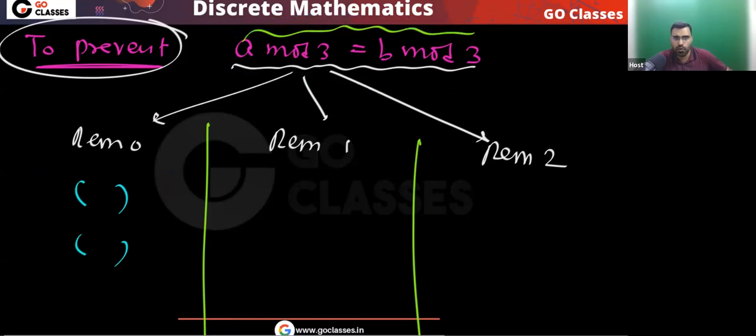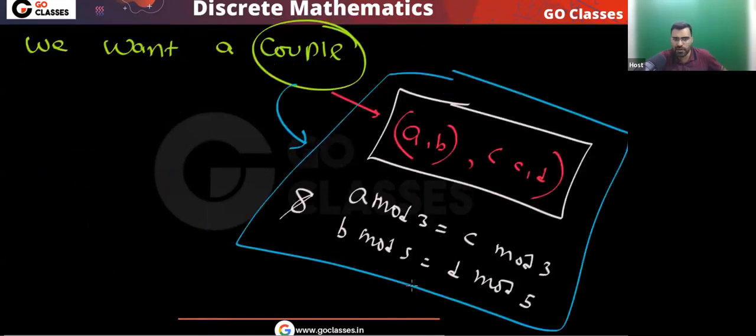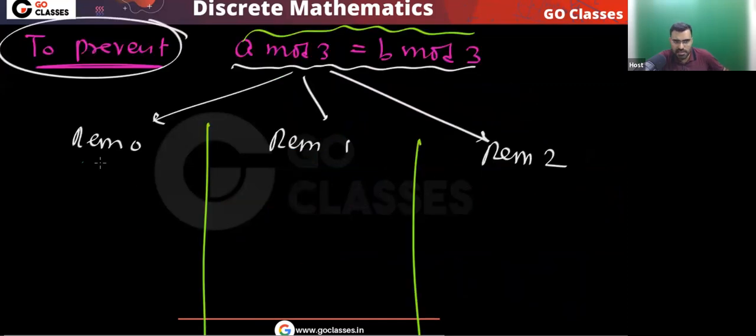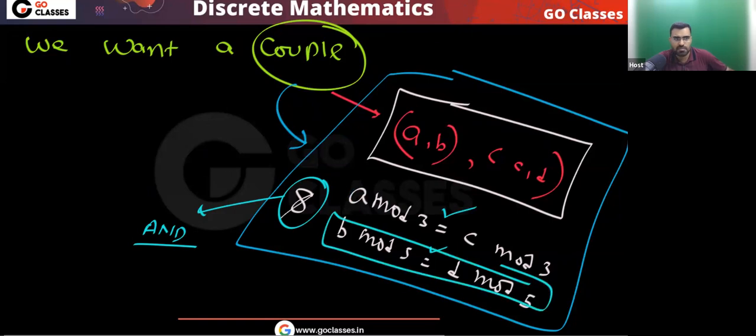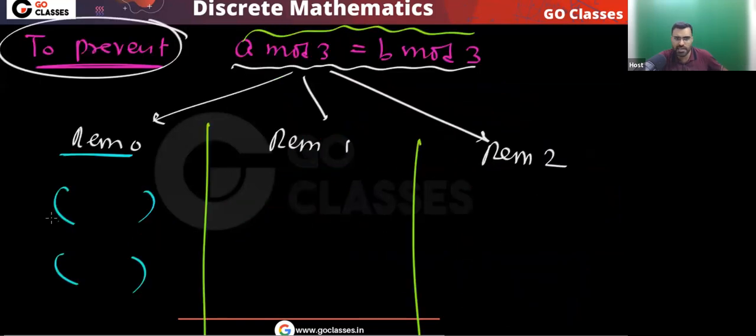No. But remember, the question is saying that this first condition also should happen and this also should happen. So in this category, if I take 2 ordered pairs, I cannot prevent the first condition, but I can still prevent the second condition.